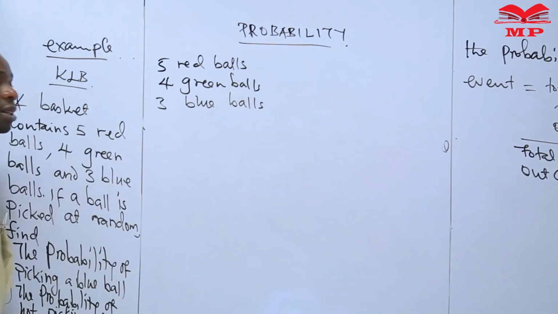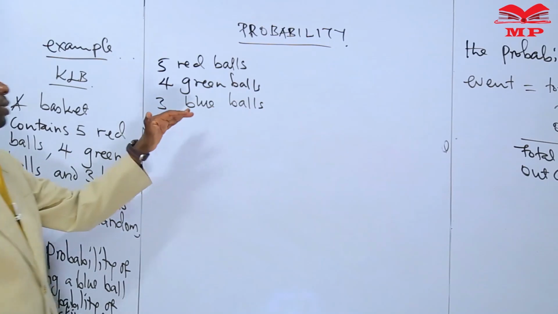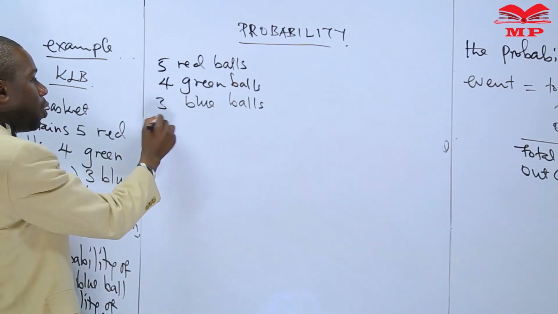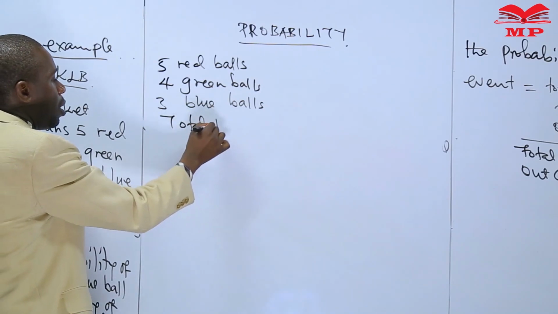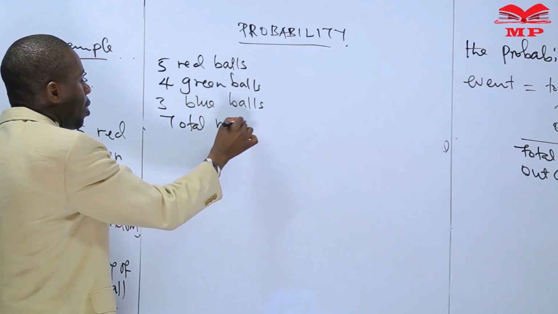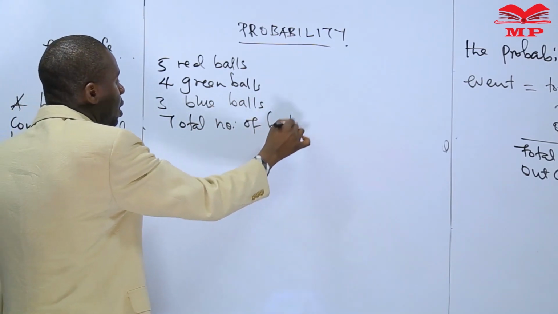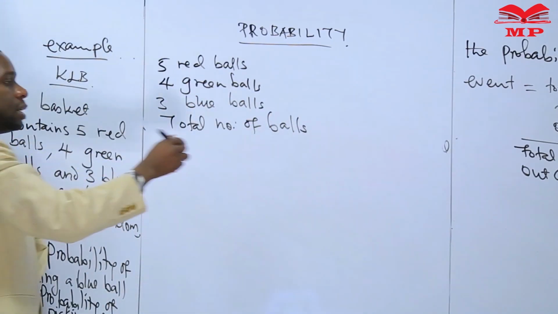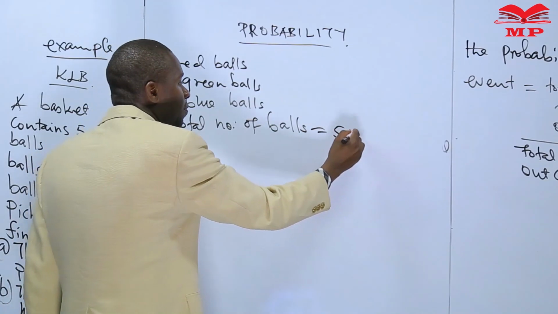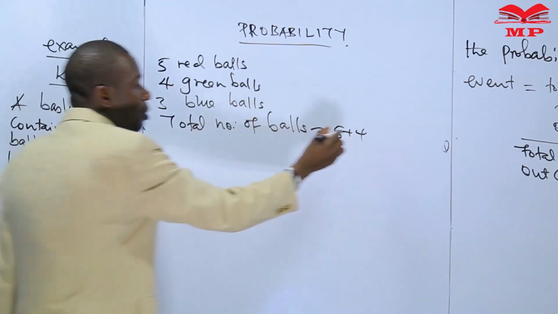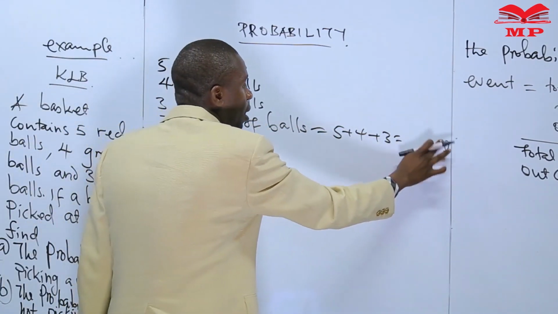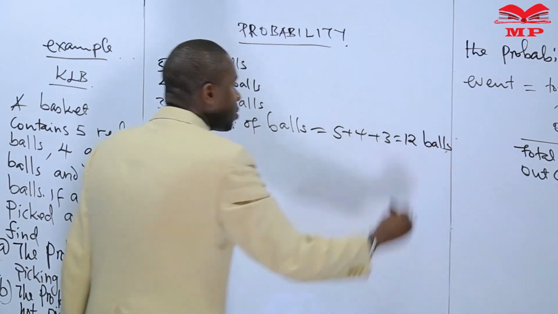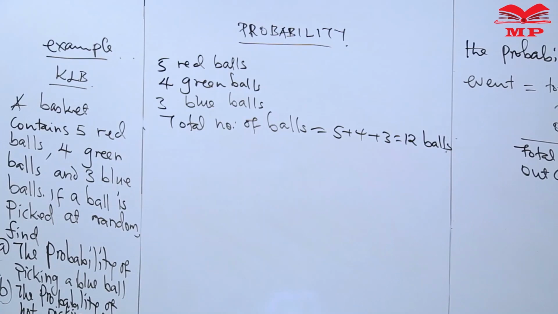So the first thing that we have to do here, learners, is that we get the total number of balls. So total number of balls in this case will be 5 plus 4, which is 9, plus 3, giving us 12 balls. So that is the total number of balls.